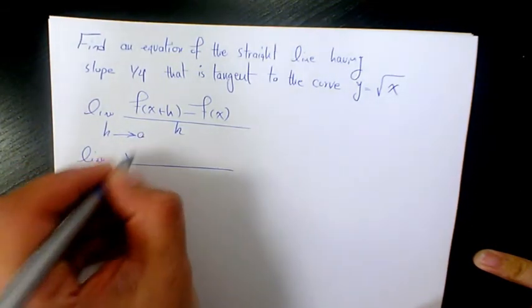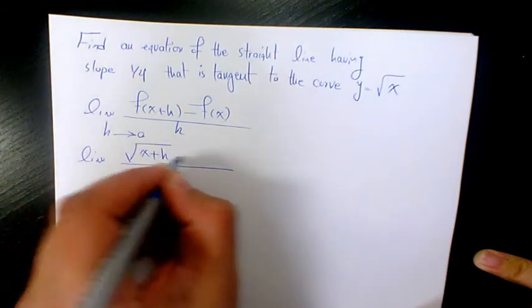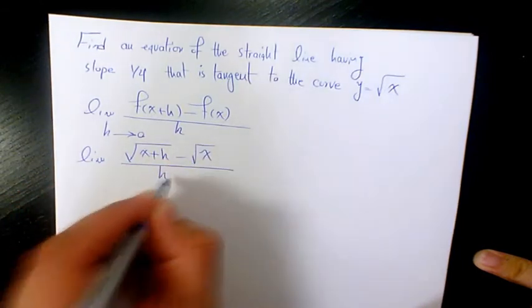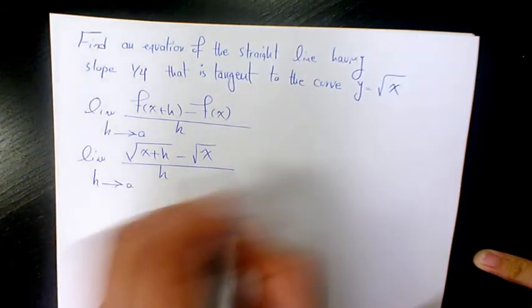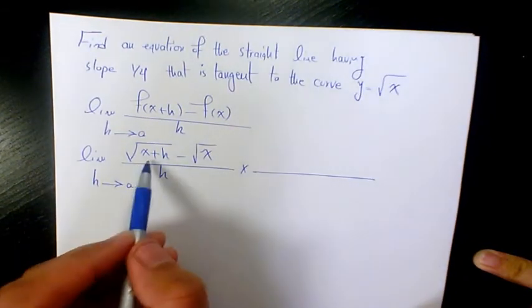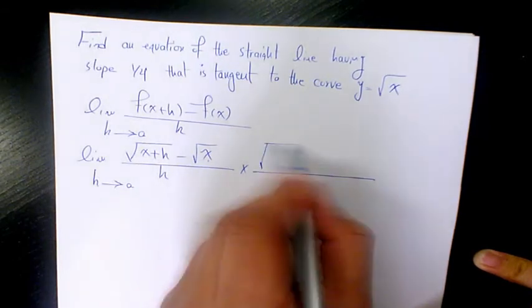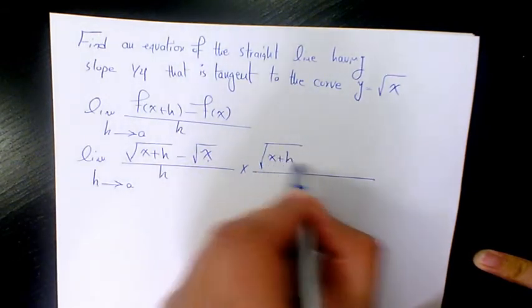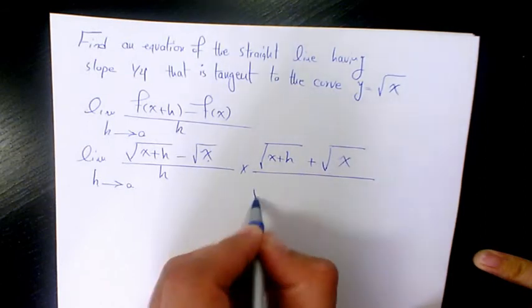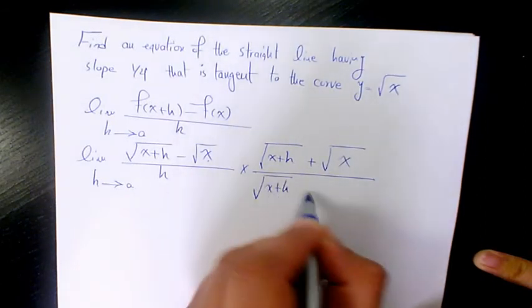The limit will be square root of x plus h minus root x over h when h approaches 0. We need to multiply it by the conjugate of the numerator, which is going to be root x plus h plus root x, divided by root x plus h plus root x.